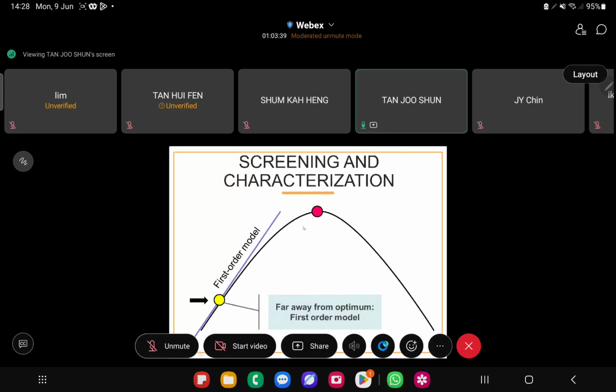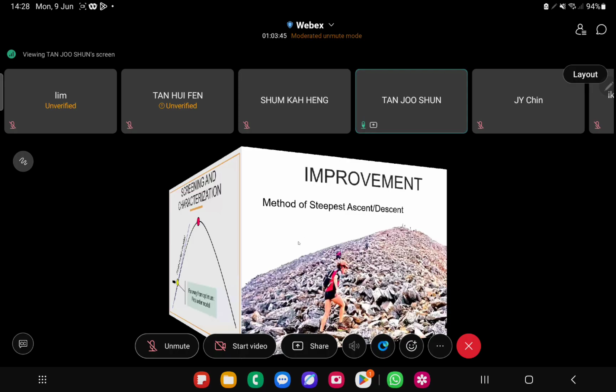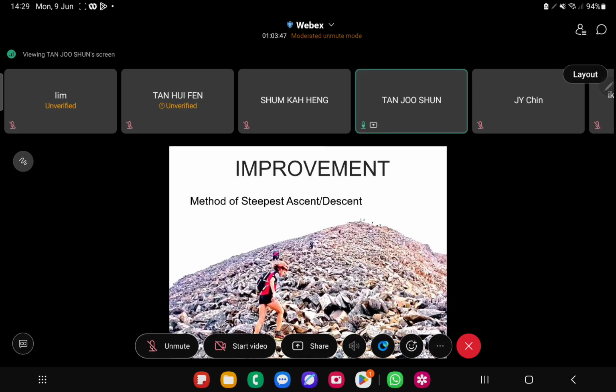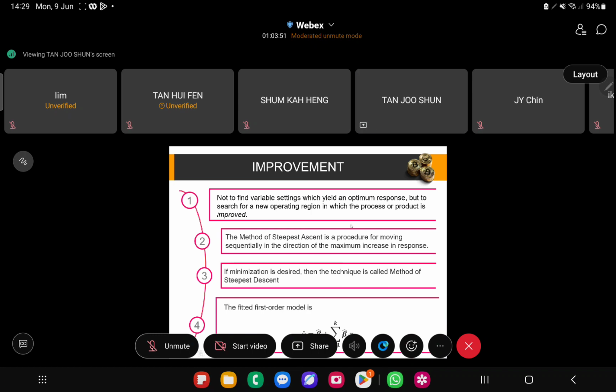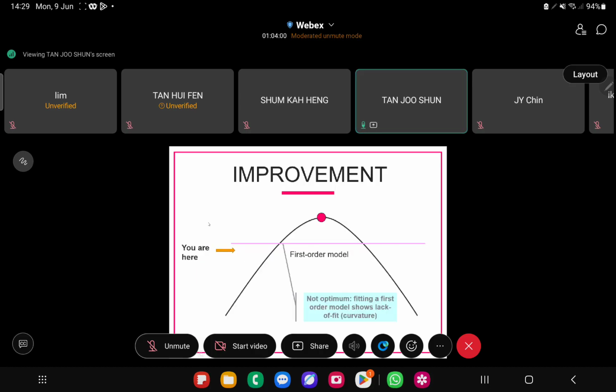So once you find the significant factors, then you will go for improvement. Improvement is you want to find the range that is near the optimum point. Just now the line was going up the hill.